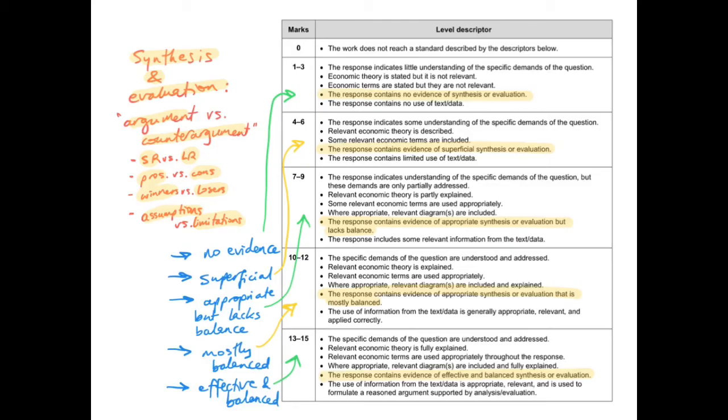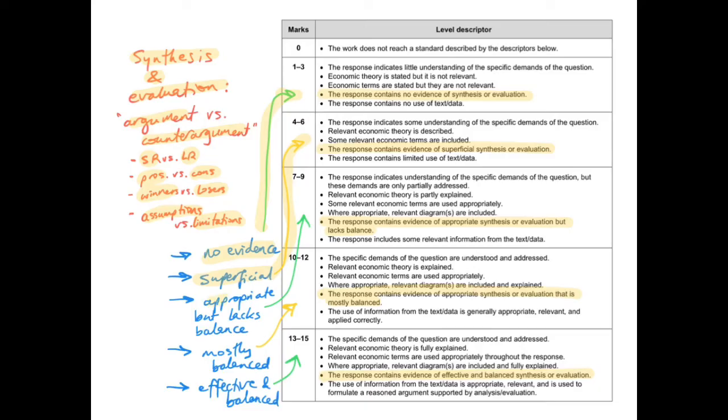I would encourage you, whenever you are offering an argument, add a full stop, a period, and then write however, or on the other hand, and provide the counter argument. Okay, so what are the 5 levels? If there's no evidence of synthesis or evaluation, that's level 1. If there's superficial evidence, that will land you on a level 2.